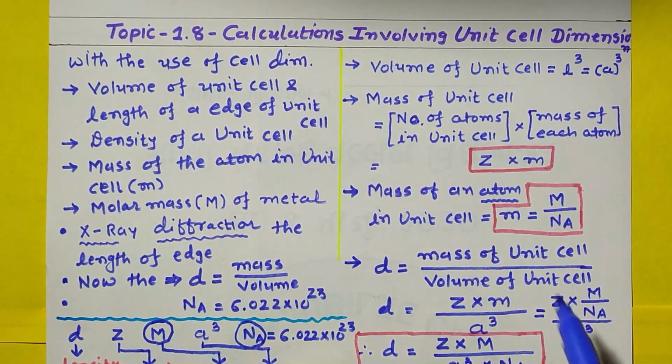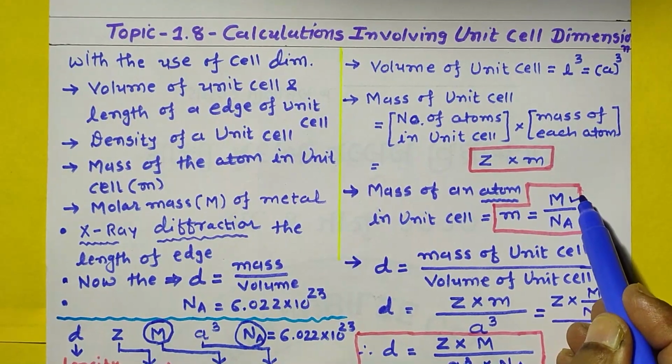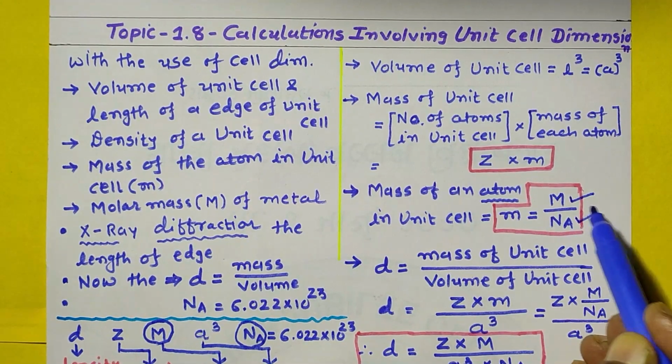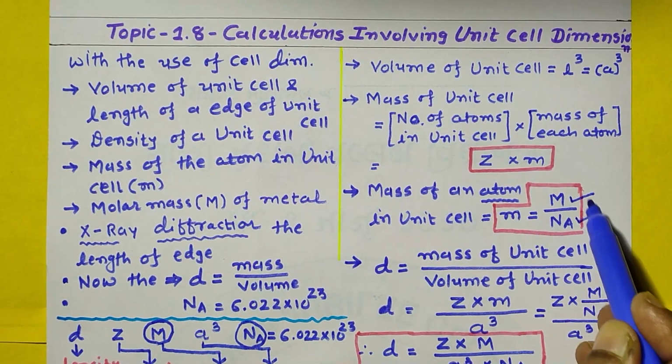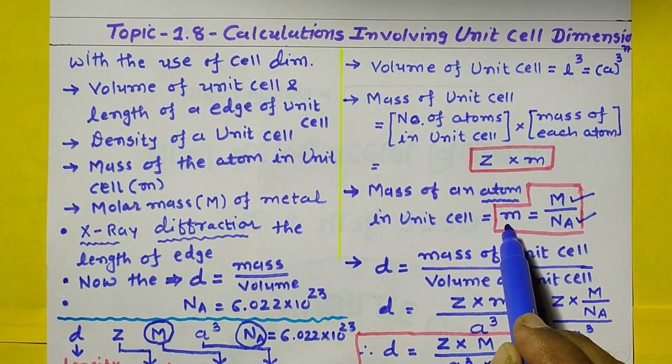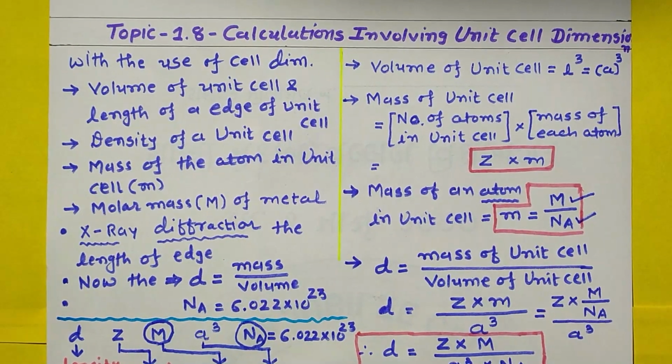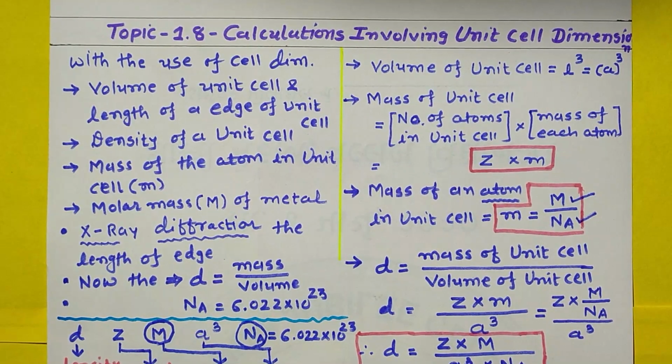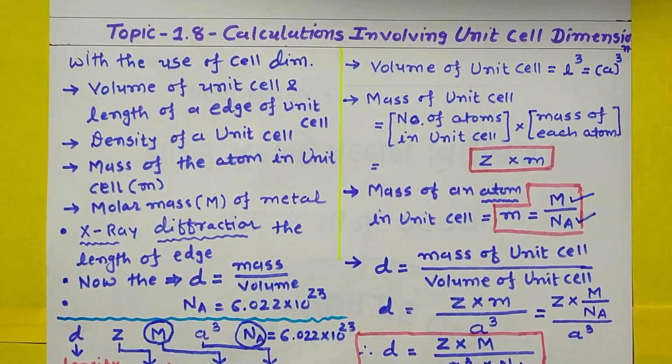Look here, small m means capital M divided by Na. We know capital M, we know Na. With the use of capital M and Na, we will be able to find the value of small m. Means our 5th one is the mass of an atom.